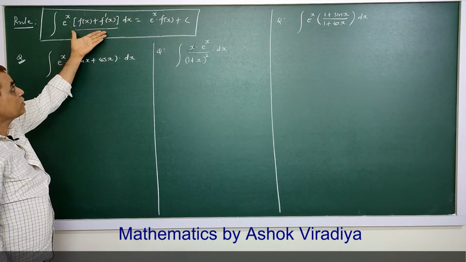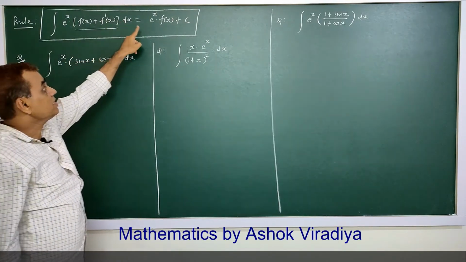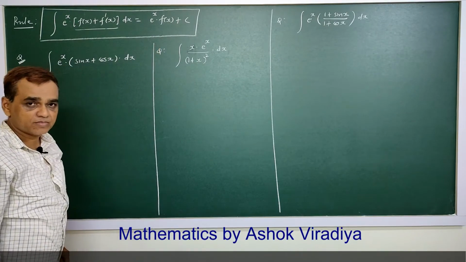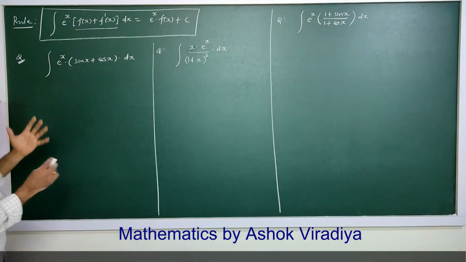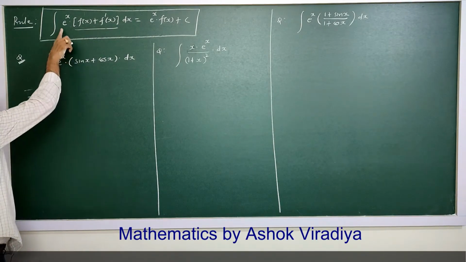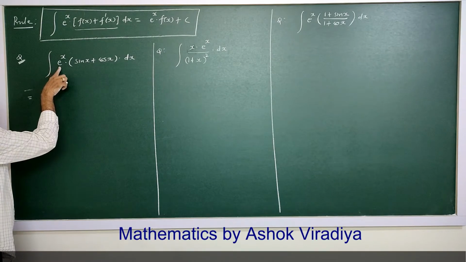So the integral of such a function is e raised to x into fx plus c. So let us understand in this question. Say here, e raised to x, so this is e raised to x.